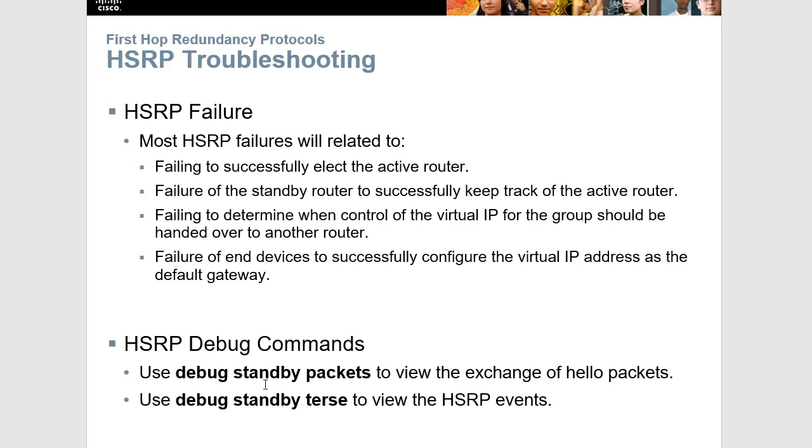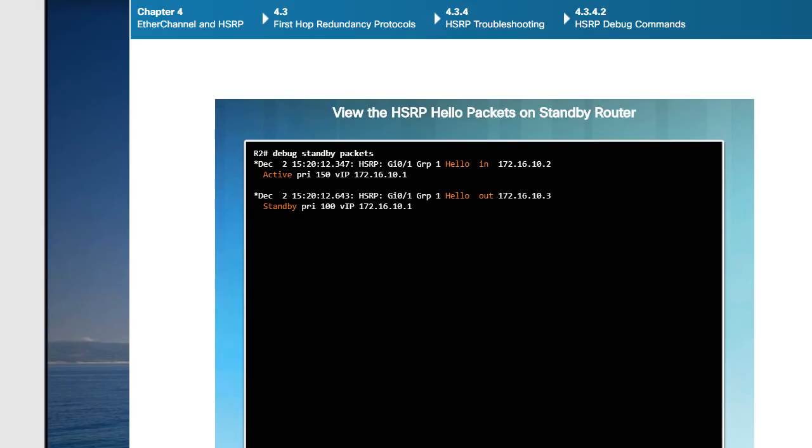Some debug commands, you have those down there. Debug standby packets to view the exchange of hello. Use debug standby terse to view HSRP events if you need to. You've got your debug standby here, so you can see the time for hello in, time for hello out.